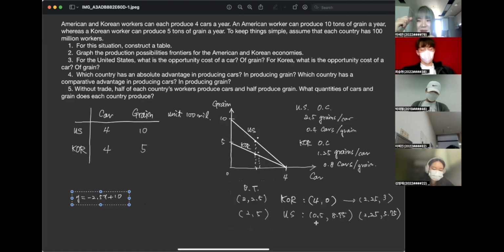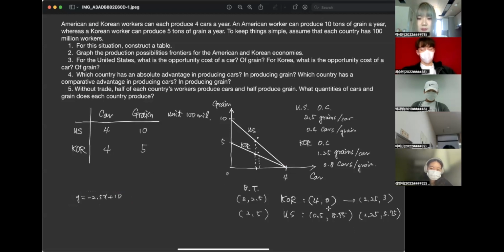And then we know, if the US produces 0.5 cars, then you plug in the X value right here, and you figure out that 8.75 is the Y value. So somewhere like 0.5 and 8.75 right here is a production point for the US. Korea produces right here and the US produces right here, and then they share with each other.